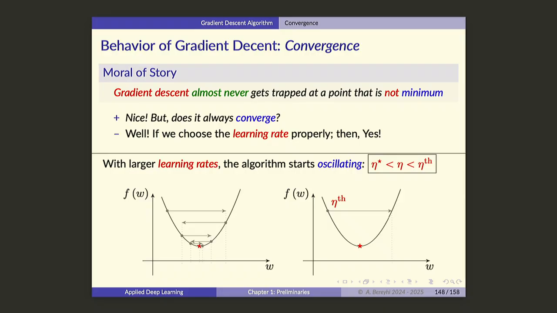In practice, the curve is much more complicated. Now, if I am below this threshold, then I keep on oscillating till I get exactly to the minimizer. But what's going to happen if I exceed this threshold as well?